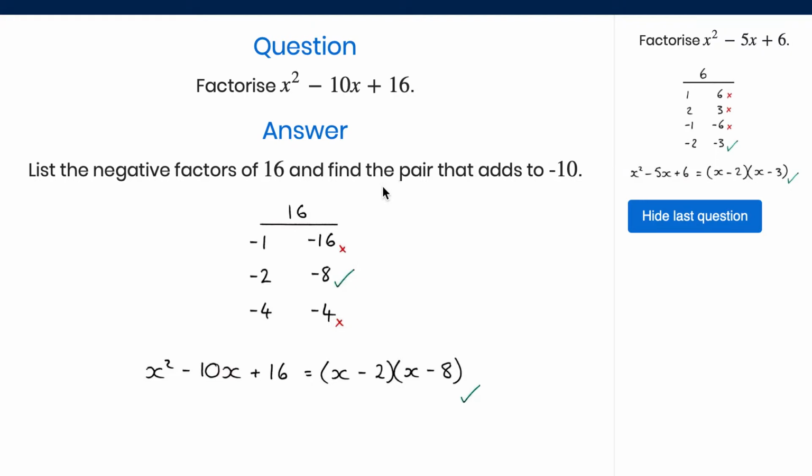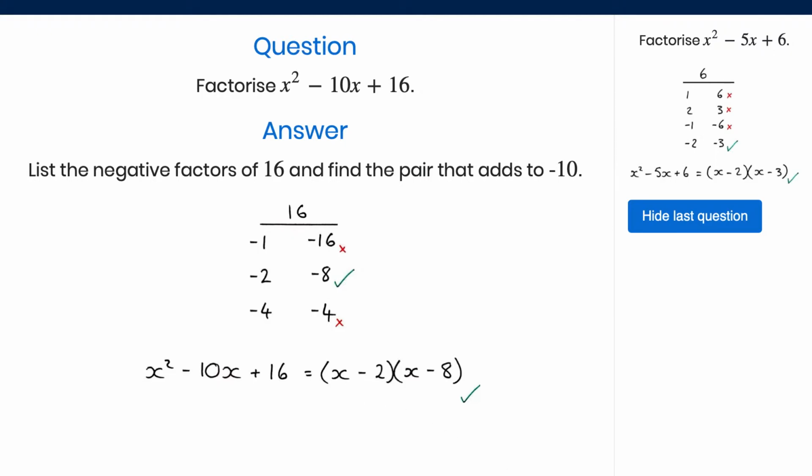And these are negative 1 and negative 16, negative 2 and negative 8, and negative 4 and negative 4. And the pair to choose is the second pair, because minus 2 plus minus 8 is equal to minus 10. The answer is x minus 2 times x minus 8.